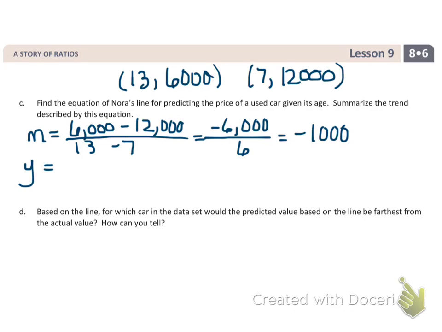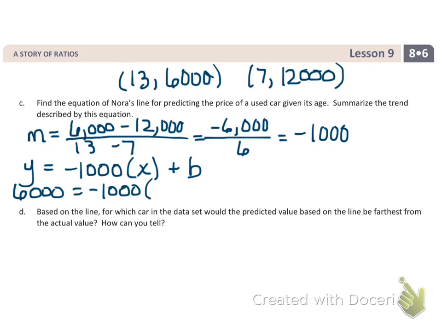The price of the car is going to be negative 1,000 times the age of the car, which is x, plus some y-intercept right there. So I need to solve for that. To solve for that, I'm going to put in one of the points. So let's use the (13, 6,000). So $6,000 is equal to negative 1,000 times 13.